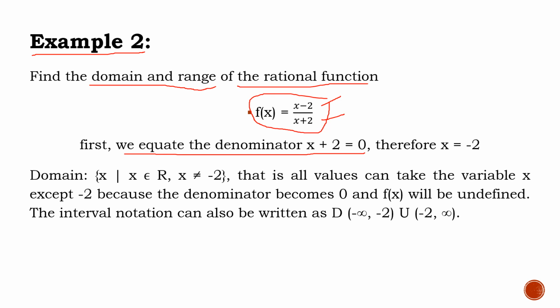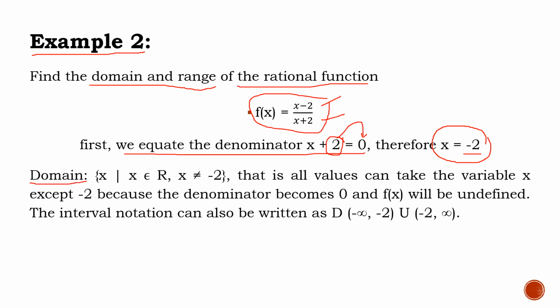So therefore, if we transfer this positive 2 to the other side of your equation, it becomes negative 2. Now, we cannot put negative 2 as the value of x in your denominator because it makes the denominator equal to 0.